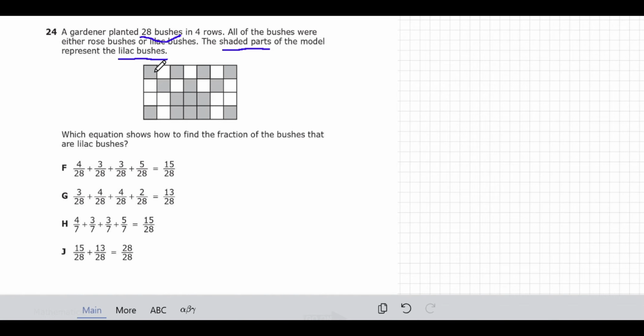To determine the equation that shows the fraction of bushes that are lilac bushes, we count the number of shaded squares in each row. There are a total of 28 squares in the model. There are 4 shaded squares in the first row, hence the fraction is 4 over 28.